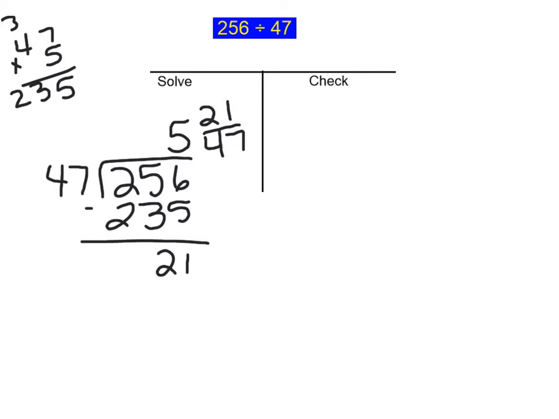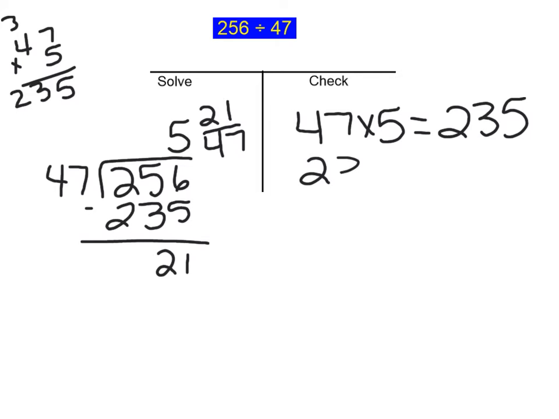Now, think to yesterday. How did we check our work? First, we take our divisor, we multiply it times our quotient, and we add our remainder, and that should equal our dividend. So we are going to do 47 times 5, which we already did the math over here, equals 235.